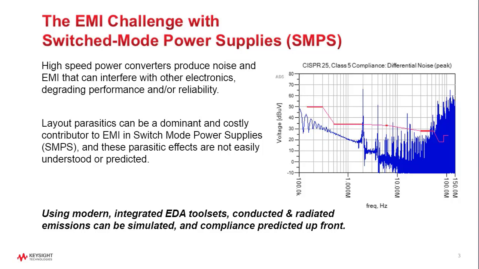Today's modern, high-speed, fast switching supplies are generating a lot of extra noise and suffering from a lot of the parasitic effects of the layout, due to the very high frequencies and high switching speeds associated with their performance. So parasitics in the layout are important to consider, and that's what we want to focus on as well.